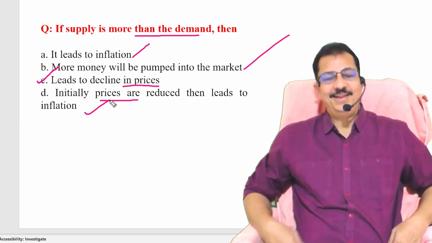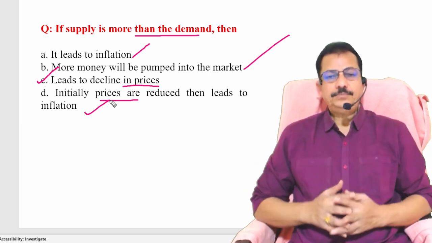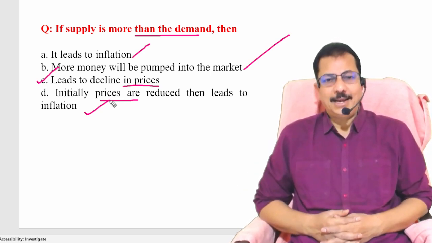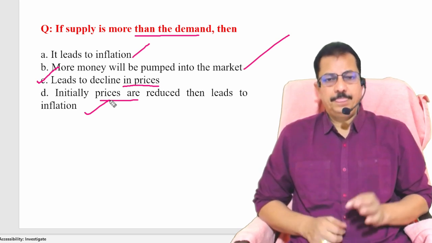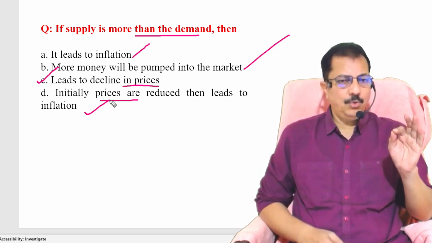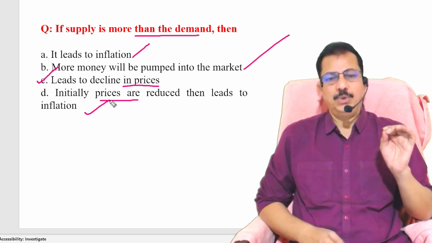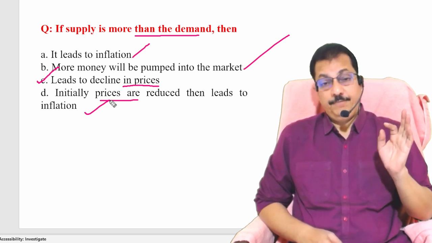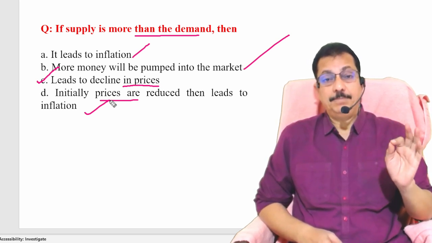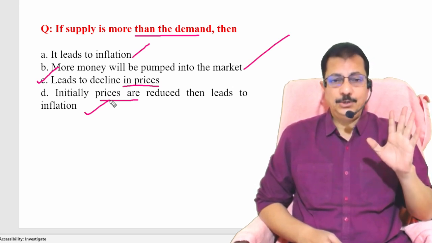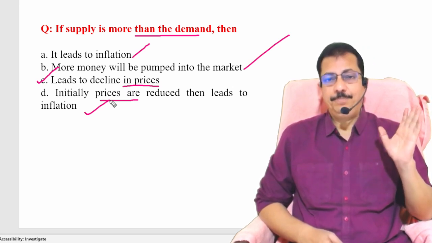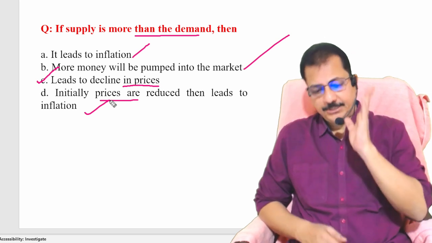No. So the answer should be that it will lead to a decline in the prices of the food grains. I told you earlier also, if supply is more than demand, the prices will come down. If demand is more than supply, that will lead to a price rise, and that will lead to inflation. Am I clear? Next.